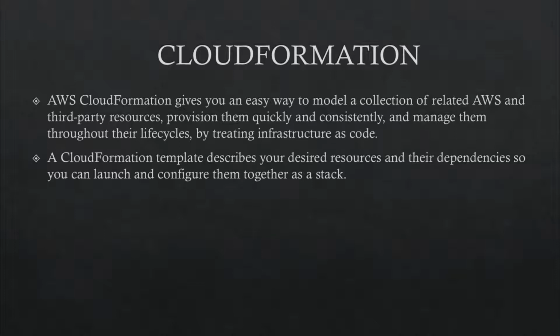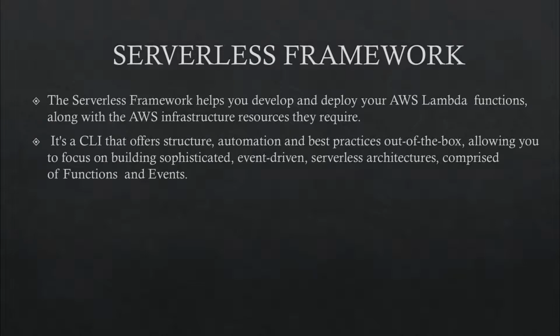In our case, AWS CloudFormation takes a JSON or a YAML configuration file containing the resource descriptions and configuration for the S3, gateway and Lambda to be deployed in AWS. To build this CloudFormation template, here we are going to use the Serverless Framework. The Serverless Framework helps you deploy and develop your AWS Lambda functions along with the AWS infrastructure resources they require.